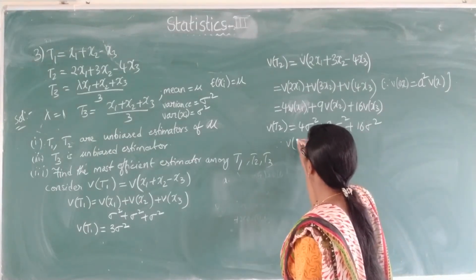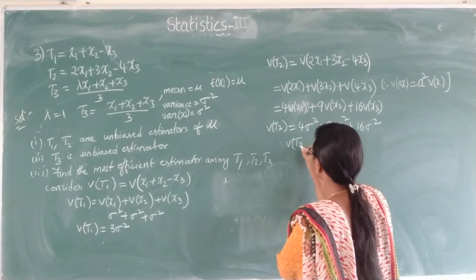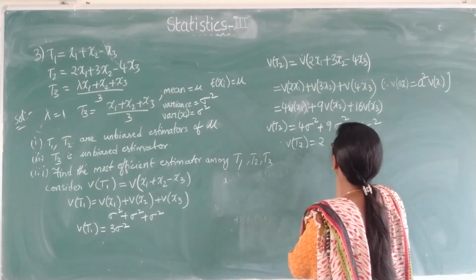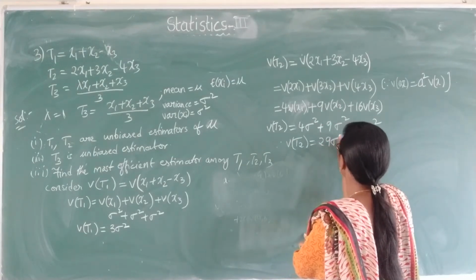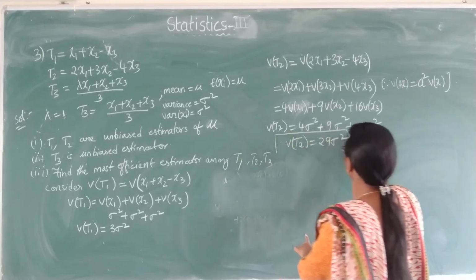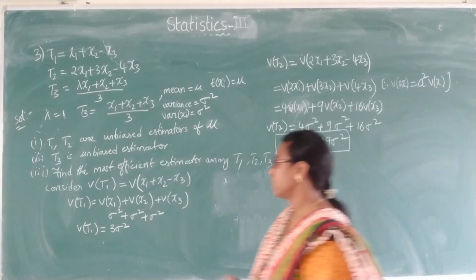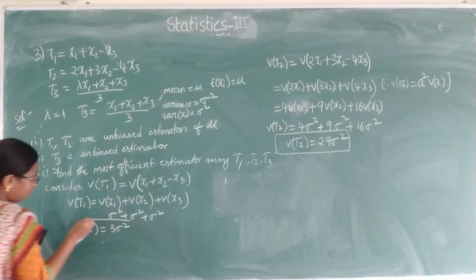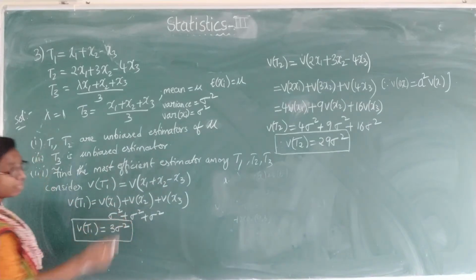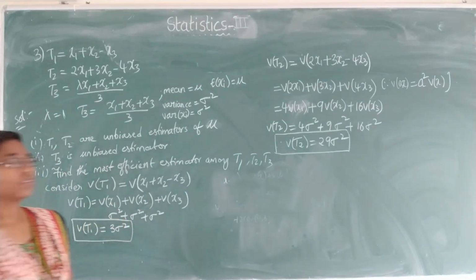Variance of T2 is equal to 29 sigma square. So this is the variance of T2 value and this is the variance of T1 value. Still we have to find variance of T3.